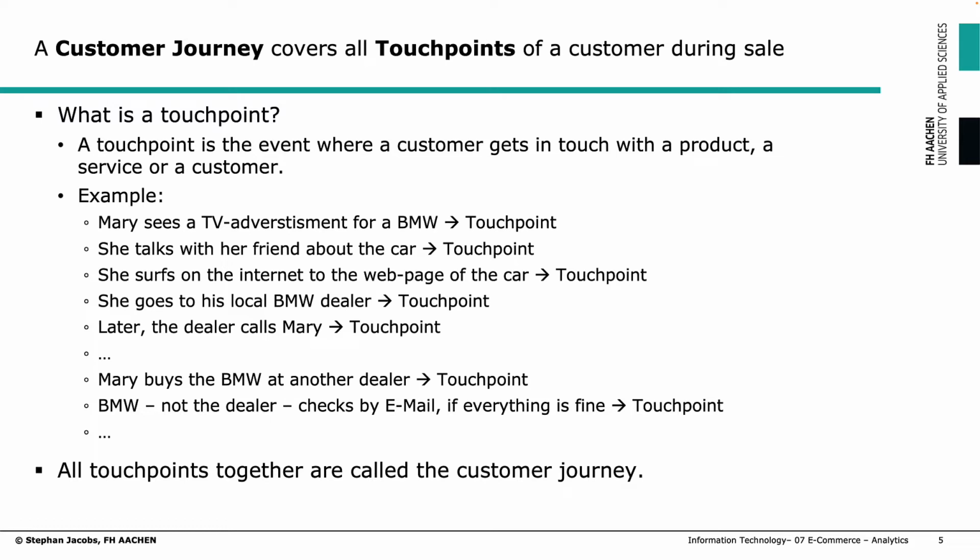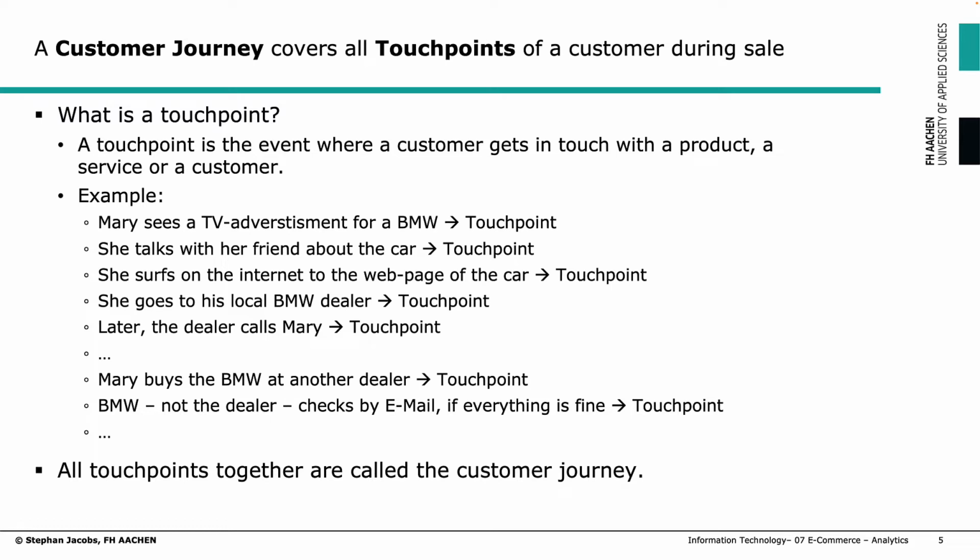Let's have a look at an example. Mary sees a TV ad and is interested in a BMW: touchpoint. She talks to a friend and talks about the car: touchpoint. She surfs in the internet to do some research about this BMW: touchpoint. She goes to her local BMW dealer: touchpoint. Later the dealer calls Mary: touchpoint.